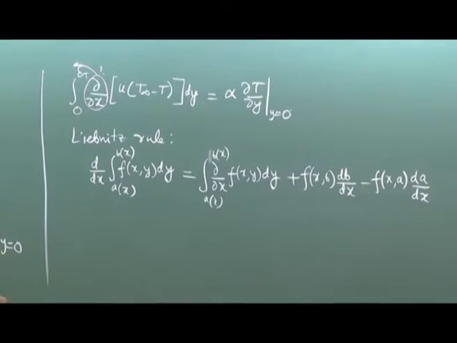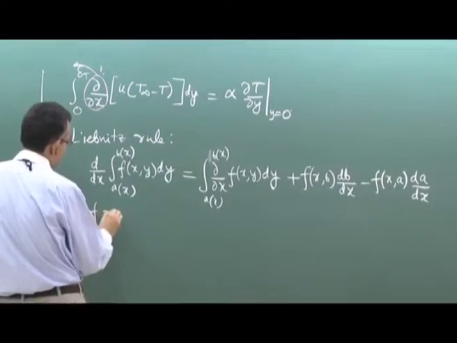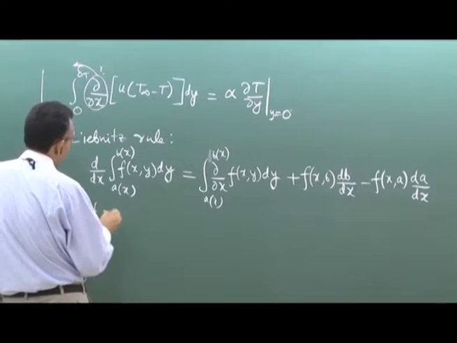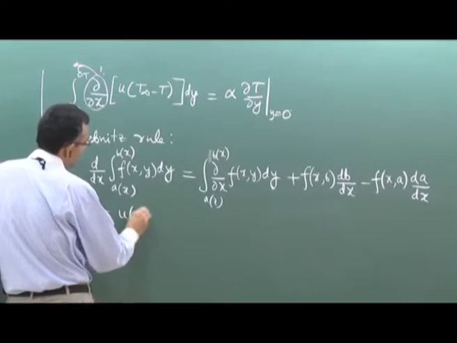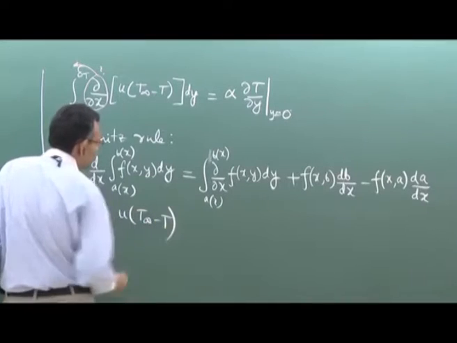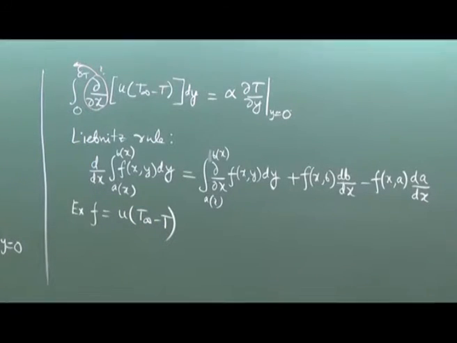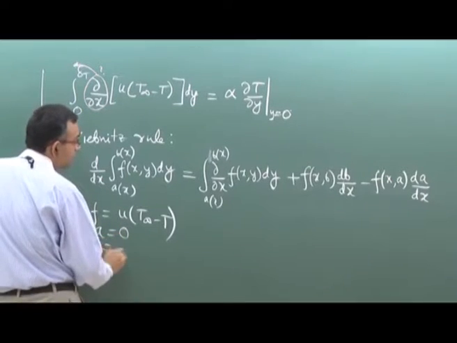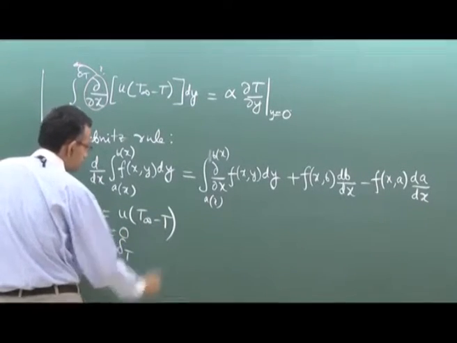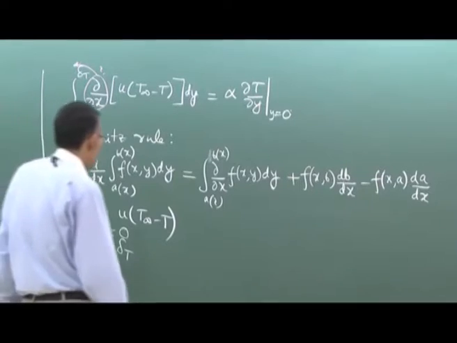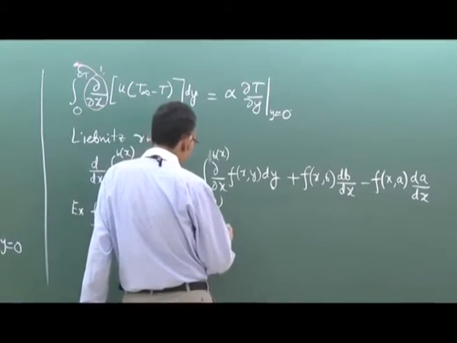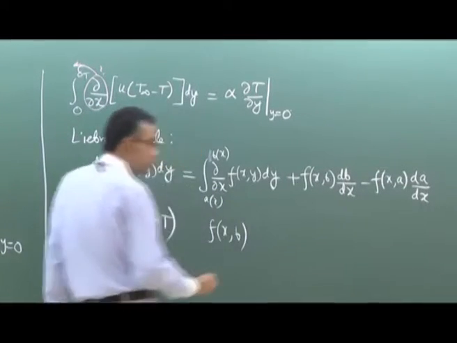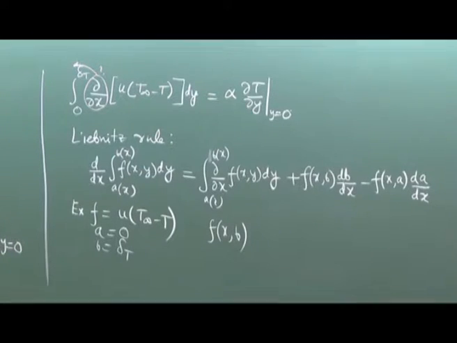So in this example f is u into T infinity minus T, a is 0 and b is delta T. So what is f at b?